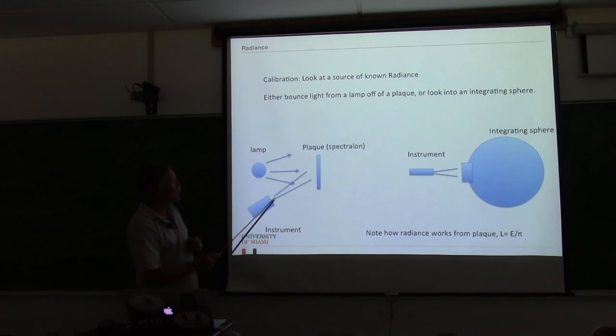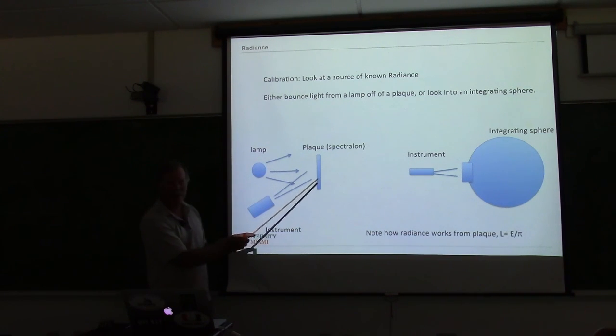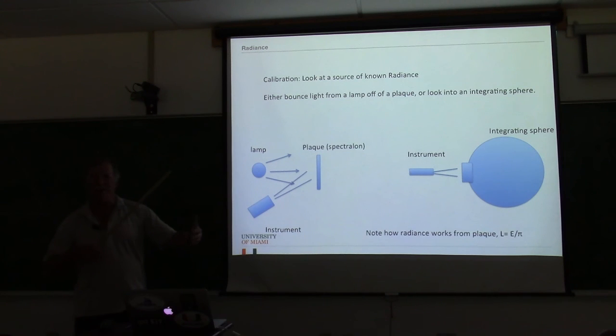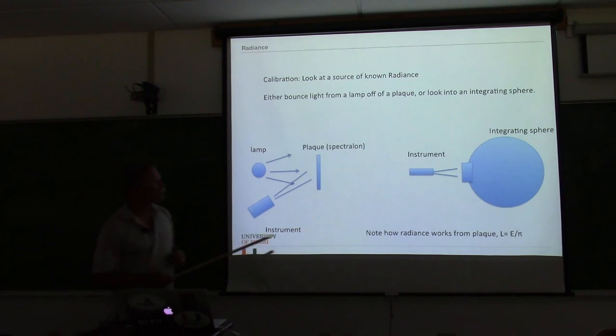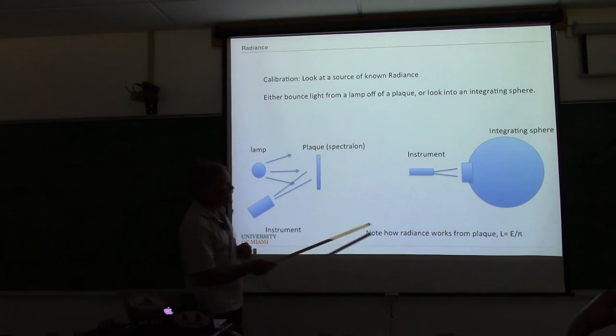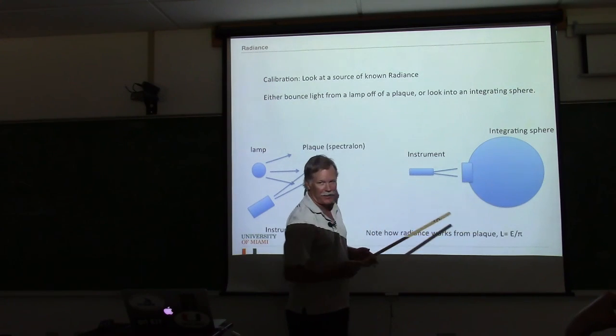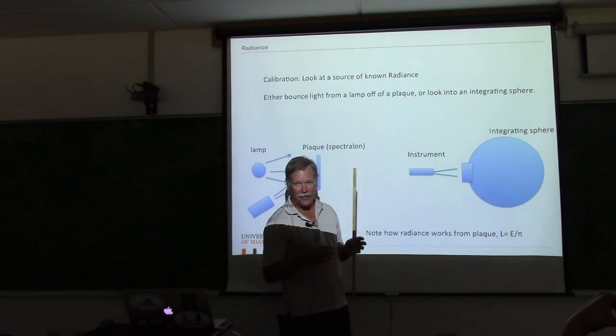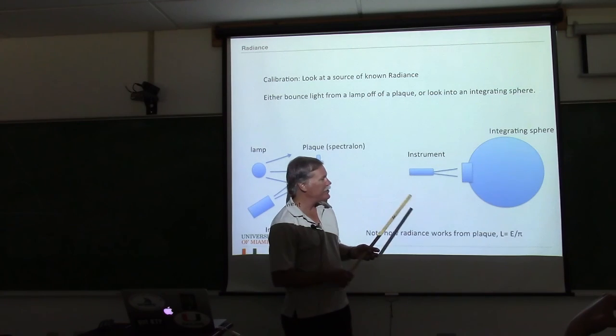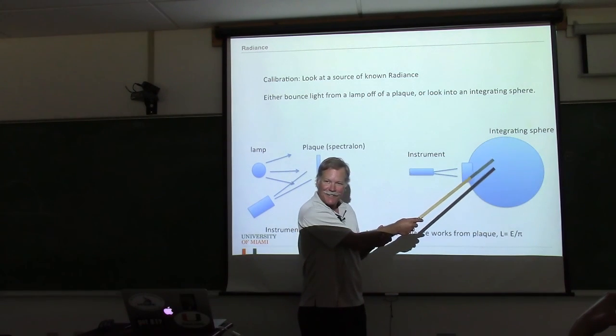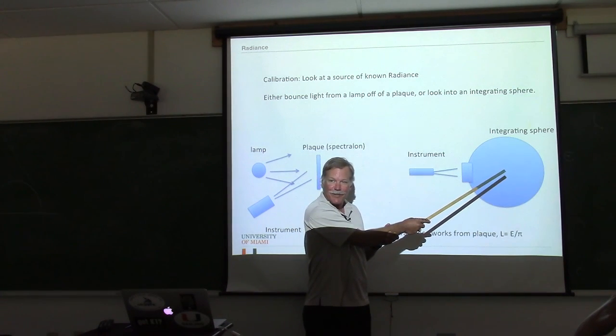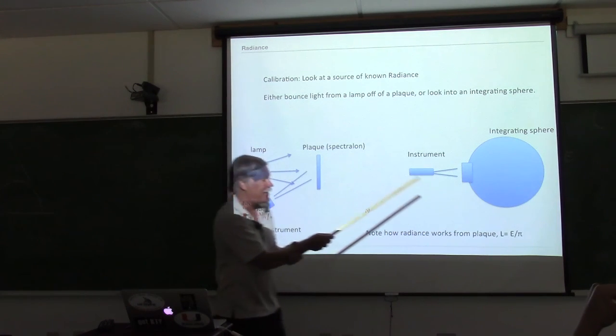So when you look at the absolute uncertainty of your calibration when you're done, you have to include the uncertainty of the lamp values and the uncertainty of the plaque values, so you have an expanded, combined uncertainty. Best case, your integrating sphere, you've sent it off to NIST and they've done the calibration at their source, and now you only have one of the uncertainty contributions. So that's good there.